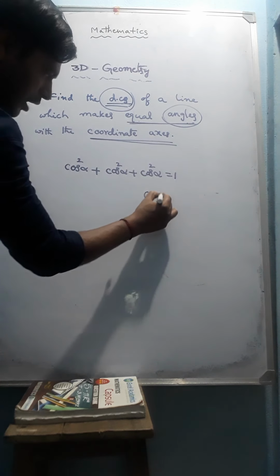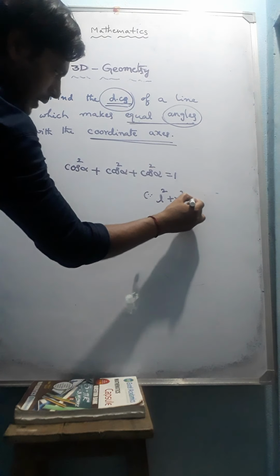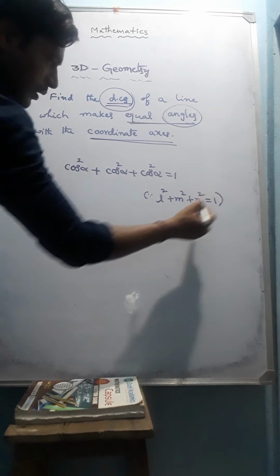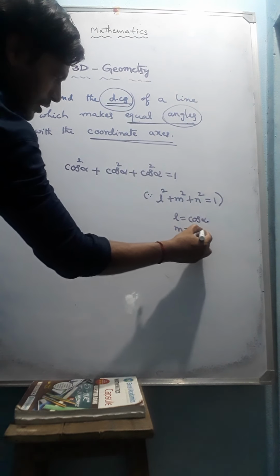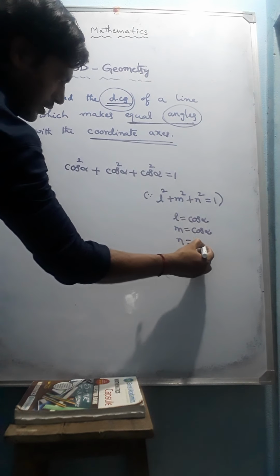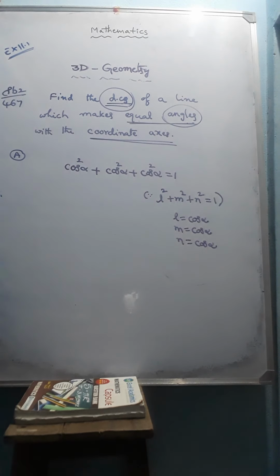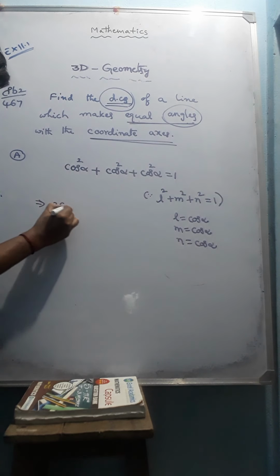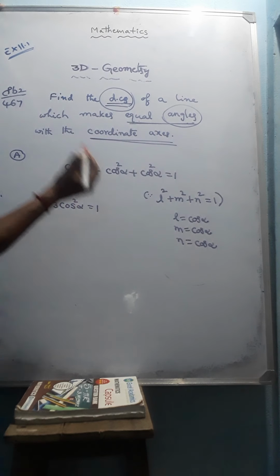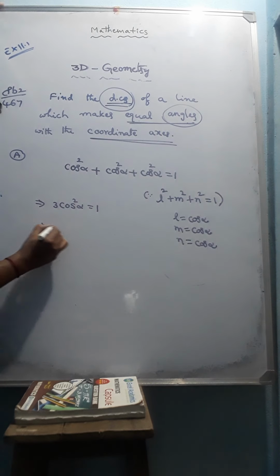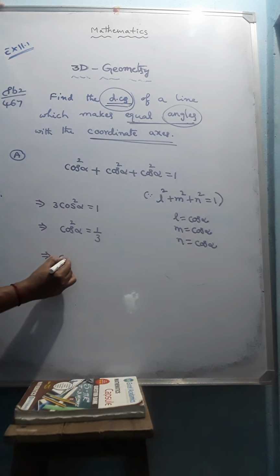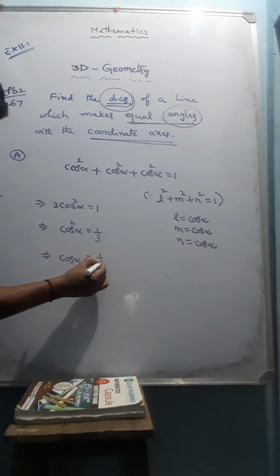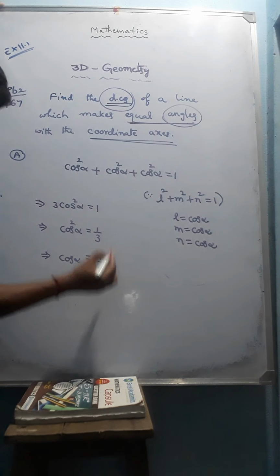How? We know the formula L square plus M square plus N square is equal to 1, and L, M, N are each cos alpha. How many cos square alphas are there? 3. So 3 cos square alpha is equal to 1. That implies cos square alpha is equal to 1 by 3. Next step, cos alpha is equal to plus or minus 1 by root 3.